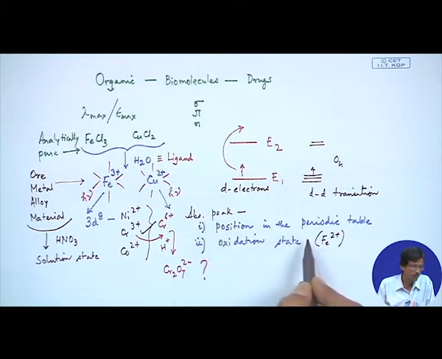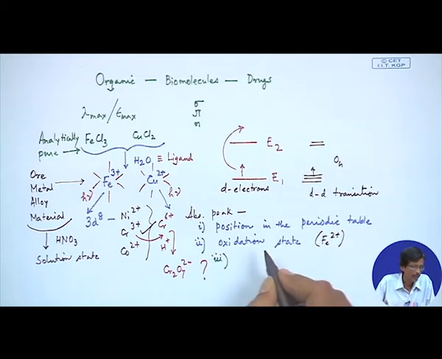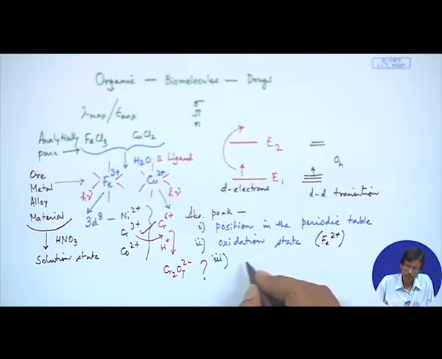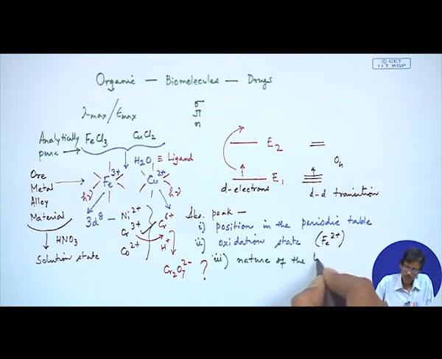So, these two are slightly different. The presence of absorption peaks and their positions will be dependent on oxidation states. Then there is the corresponding nature of the ligand, which is also important.